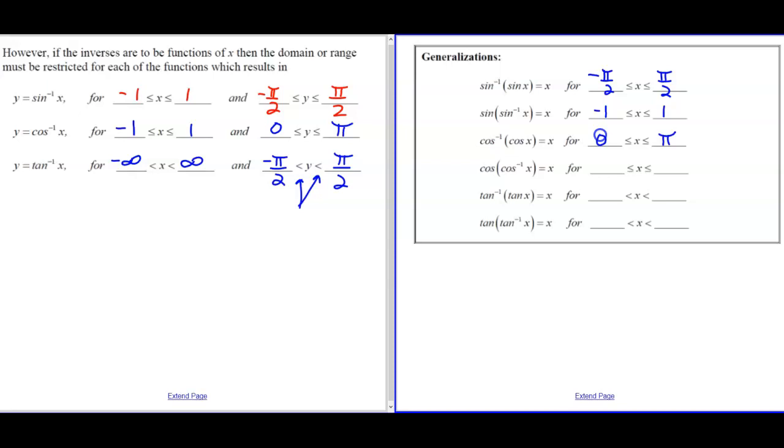This is now a ratio, not an angle, so that's between negative 1 and positive 1. Remember, these are your original ranges. In the inverse, they become domains. Your original range for sine and cos is negative 1 to positive 1. For tan it is negative infinity to positive infinity.